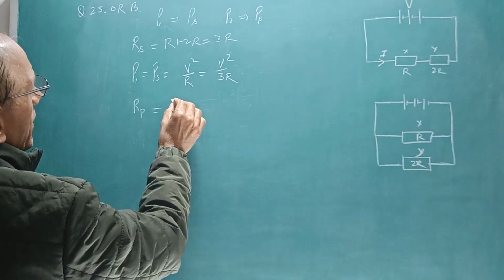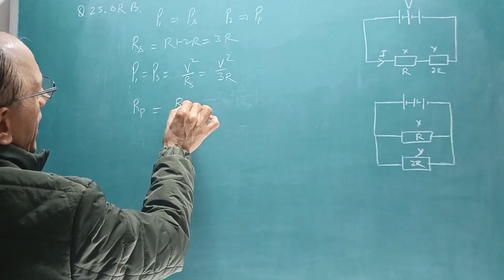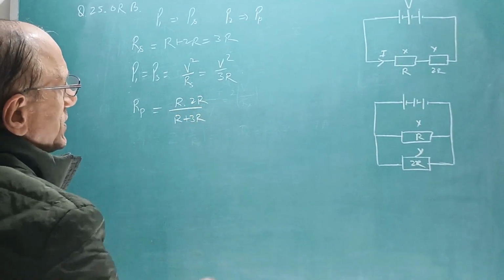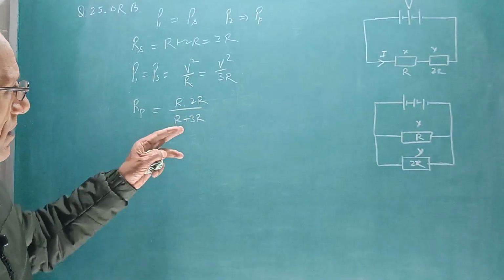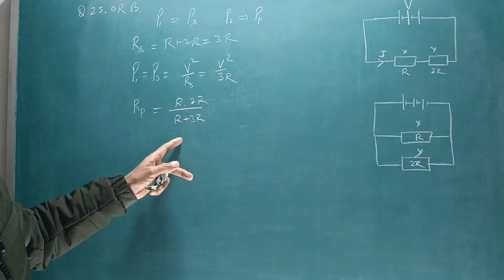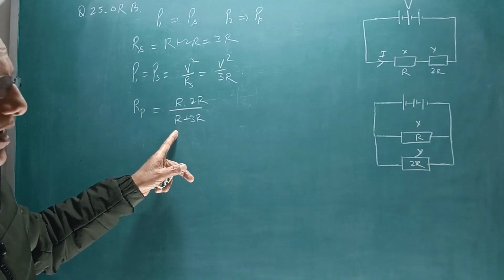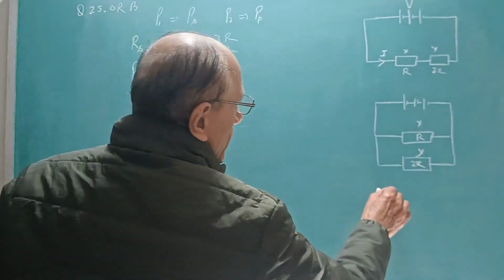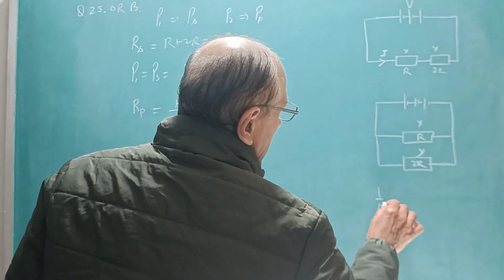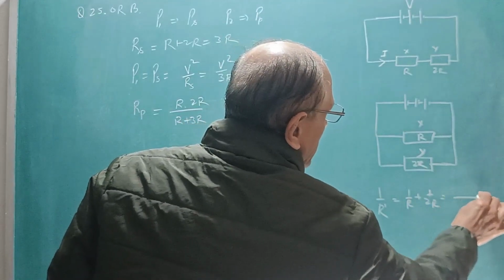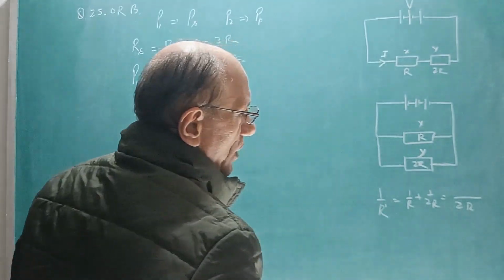Now R parallel, when they are connected in parallel, will be equal to product upon sum, R into 2R upon R plus 3R. This is the shortcut to find the resistance of two resistors connected in parallel. Product upon sum. If you do it like this, 1 by R dash is equal to 1 by R plus 1 by 2R.